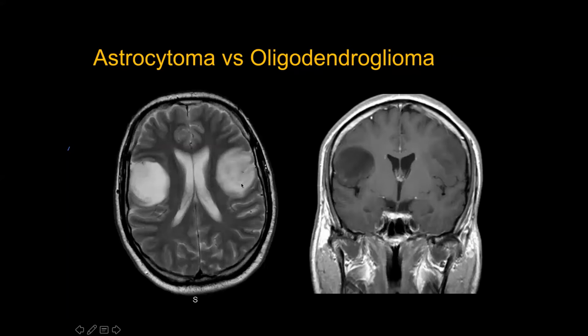The reason for biopsying this is that we know that this looks like an astro, this looks like an oligo. Most of the astros eventually will turn into GBM, but the good thing is that this is in a non-dominant hemisphere. If this is an oligodendroglioma, they can respond to chemo and radio, and it's in the dominant hemisphere.